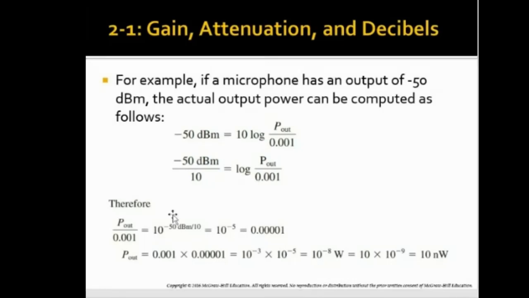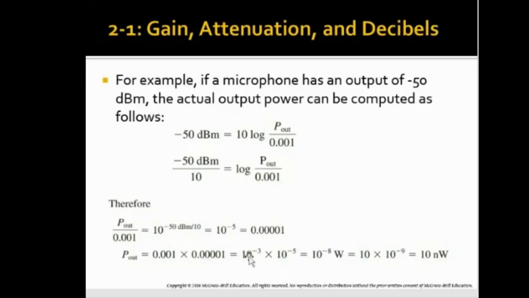So then I have minus 50 dBm over 10 equal to log P out over 0.001. Then P out over 0.001 equals 10 raised to minus 50 over 10, which becomes minus 5. Then I can solve for P out, which is 0.001 times 10 raised to minus 5.